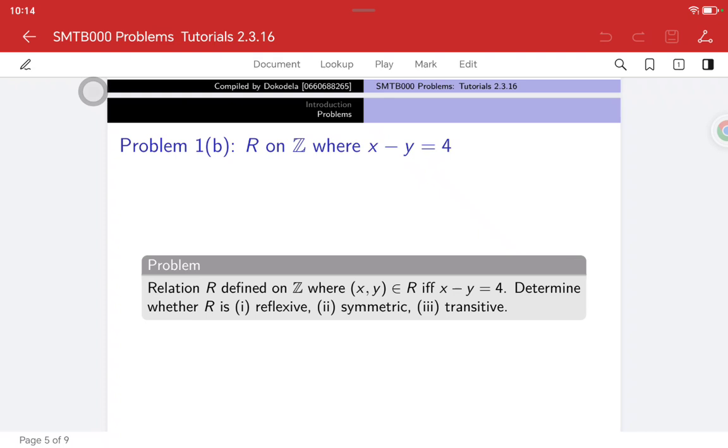So we're going to check in both ways how to determine whether R is reflexive, symmetric, or transitive.